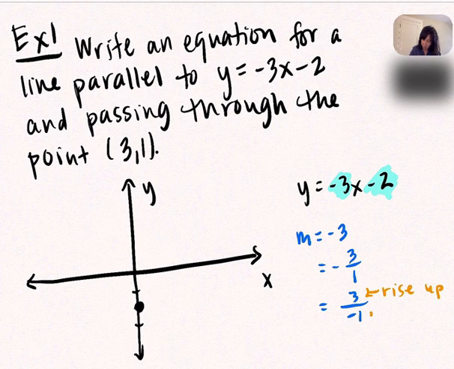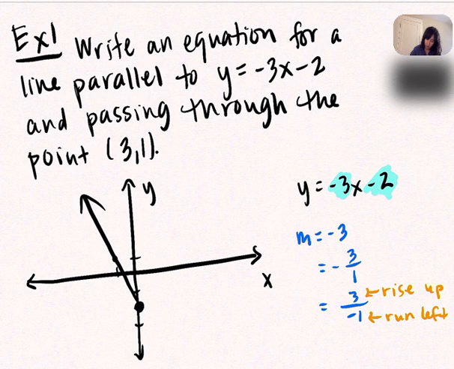And the number on the bottom is our run, and it's negative, so we're going to go left. So to get another point on this graph, I'm going to go up 3, and then I'm going to go over 1. So our second point is at negative 1, 1. And I got that by using the slope here.